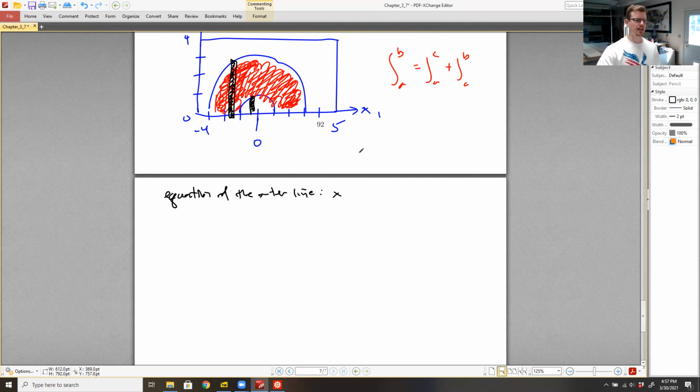is essentially given by x1 squared plus x2 squared is equal to 9, and this is for x2 being greater than 0. But since x2 is greater than 0, it becomes extremely convenient to solve for x2, and we can get that x2 is equal to the square root of 9 minus x1 squared.